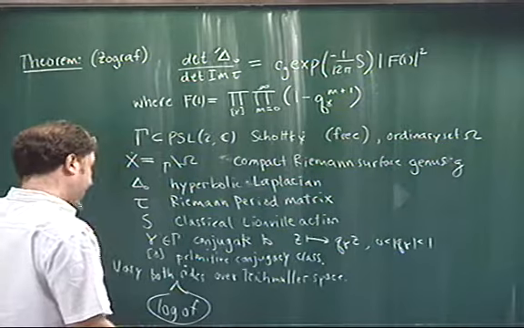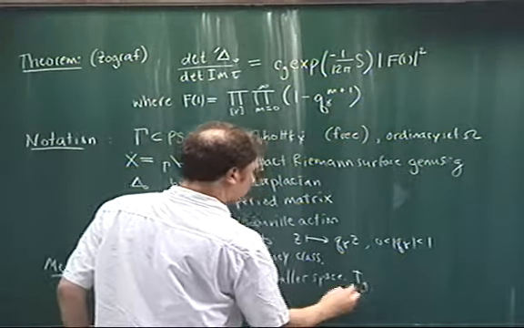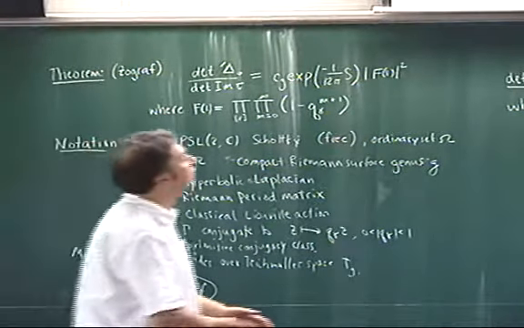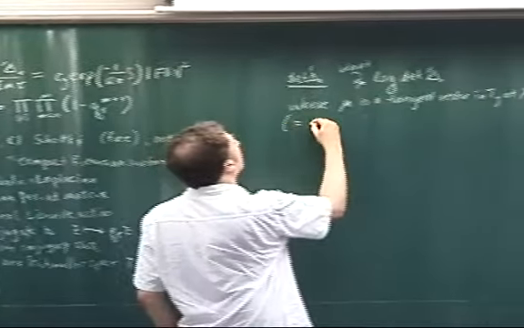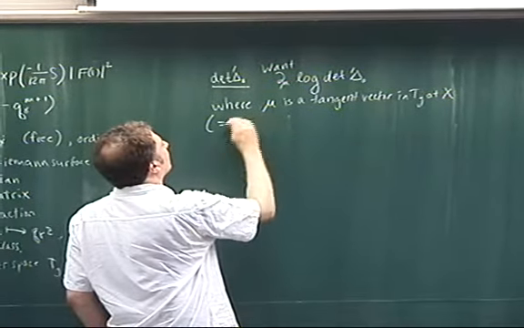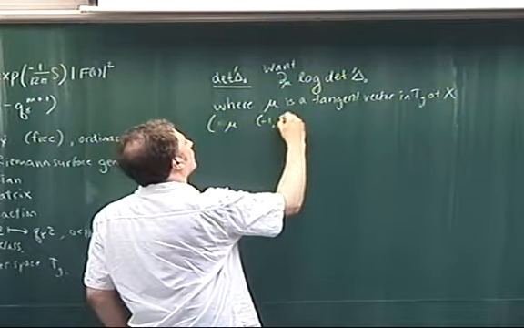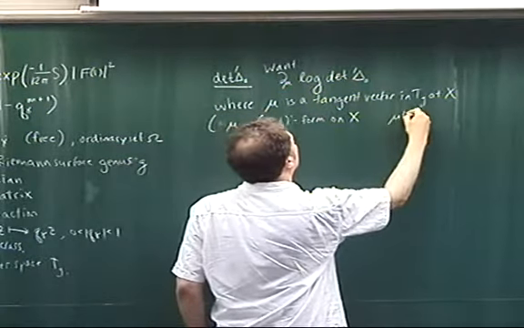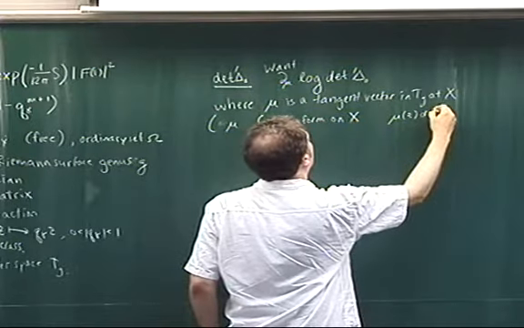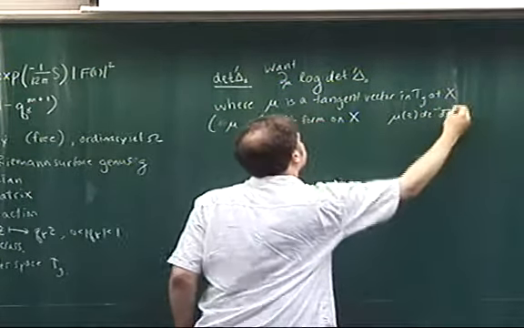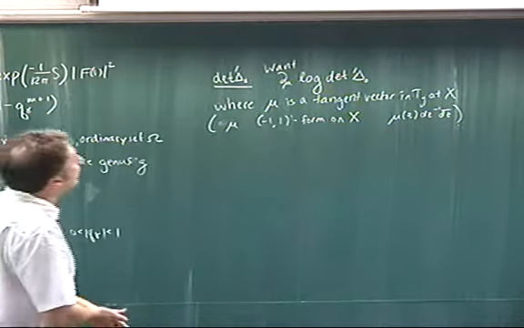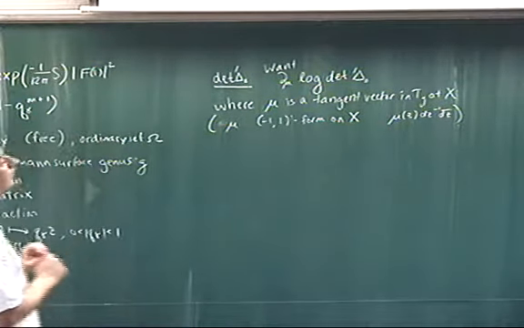So TG is the Teichmuller space, and mu is a tangent vector, which explicitly is a harmonic -1,1 form on the surface.